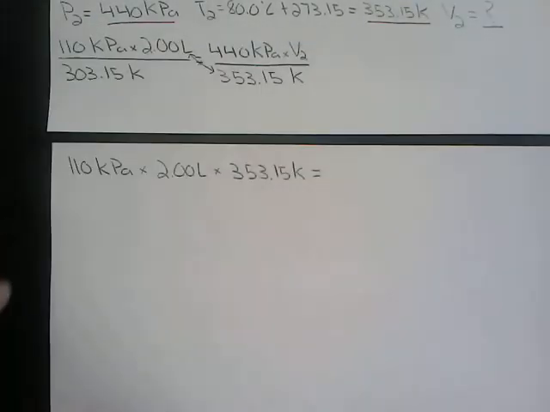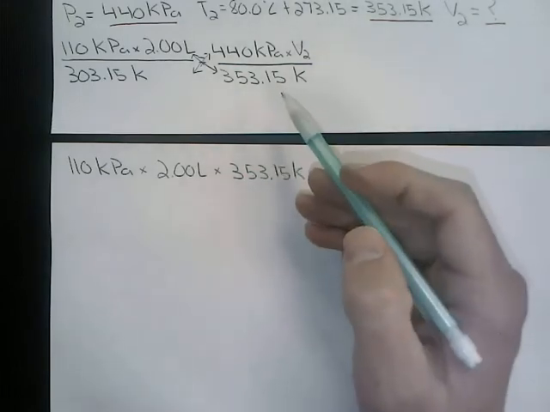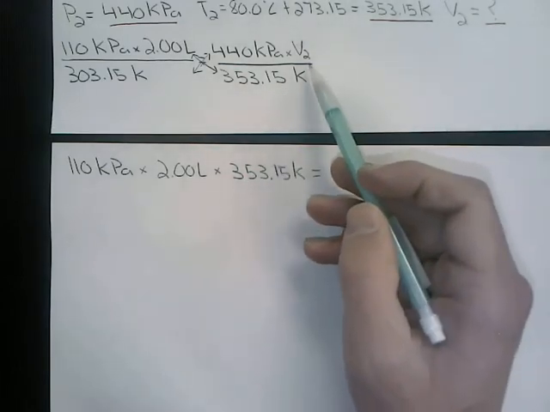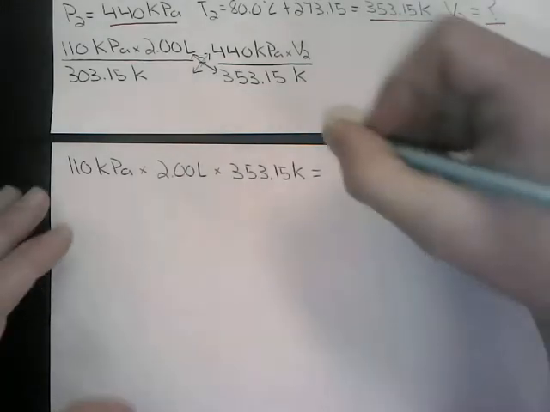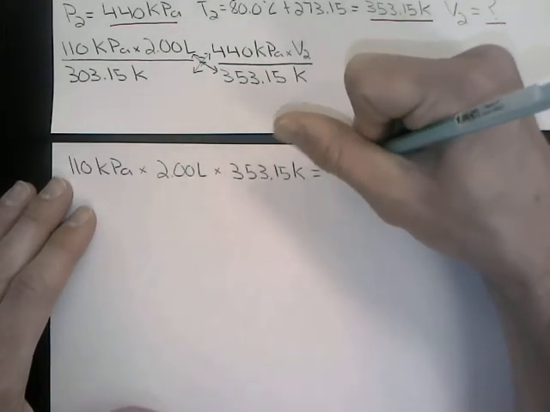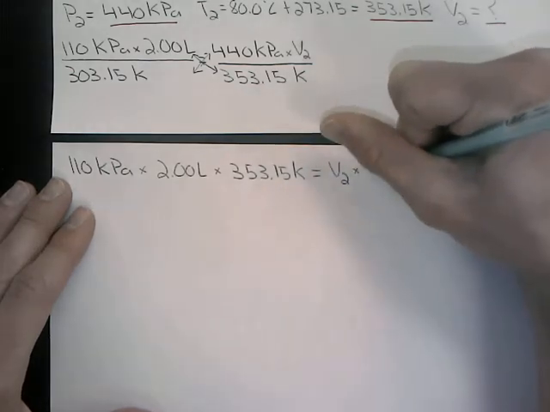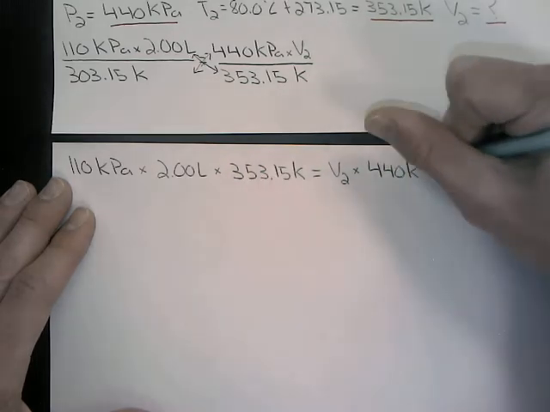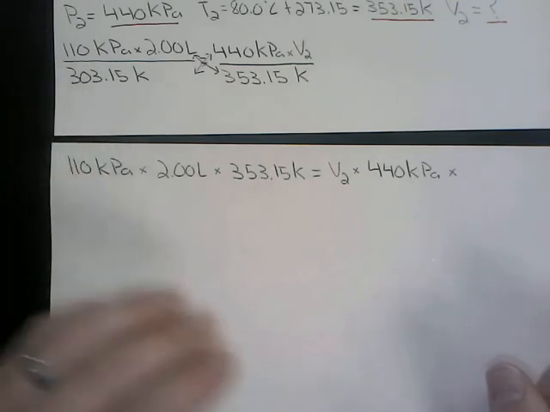Now, I cross multiply my other diagonals here, and so I'm going to take 440 kPa times my volume times my 303.15 K. Okay, so when I do this, I am going to end up with this. I'm going to write it a little bit differently, but I'm going to have V2 times 440 kPa times 303.15 Kelvin.